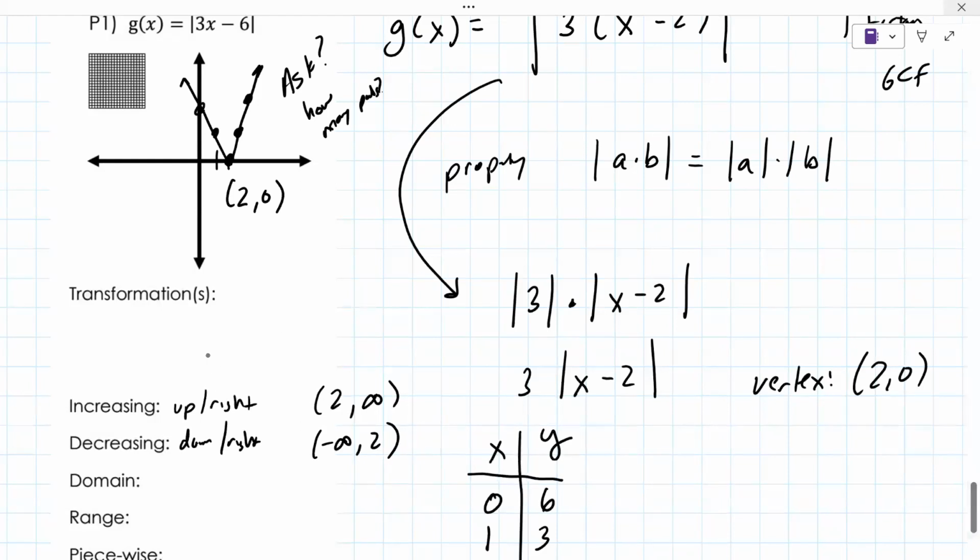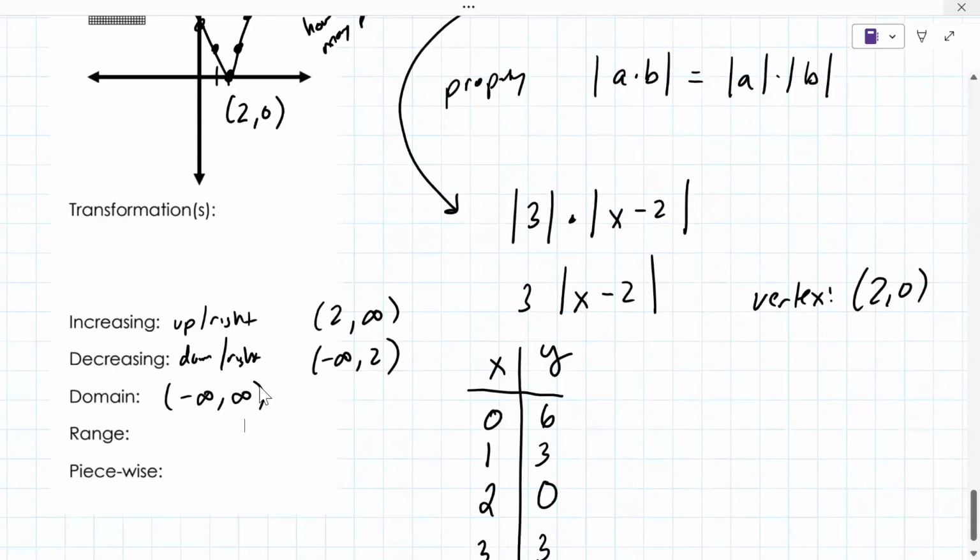Domain would be -infinity to infinity. And then the range would be from 0 included to positive infinity. Right. So notice the range is the only thing that includes the y value.